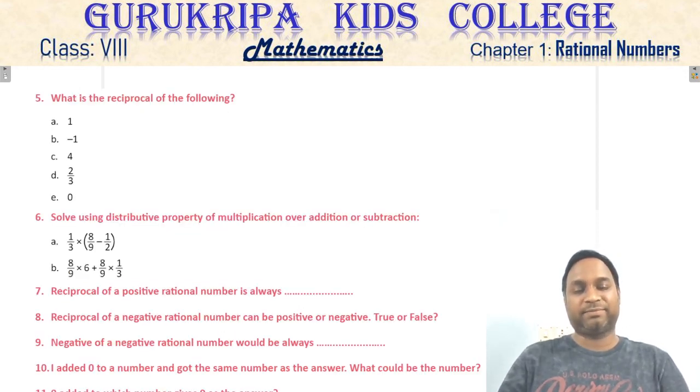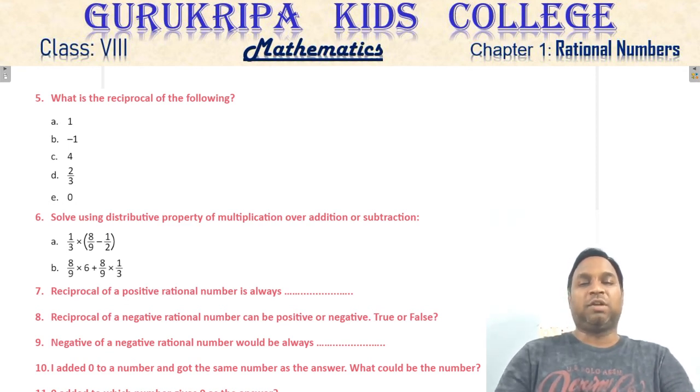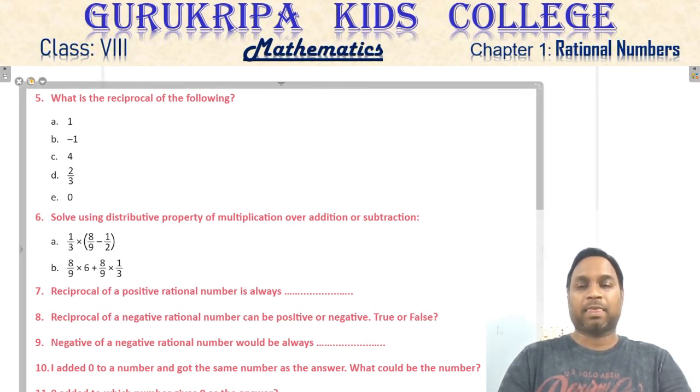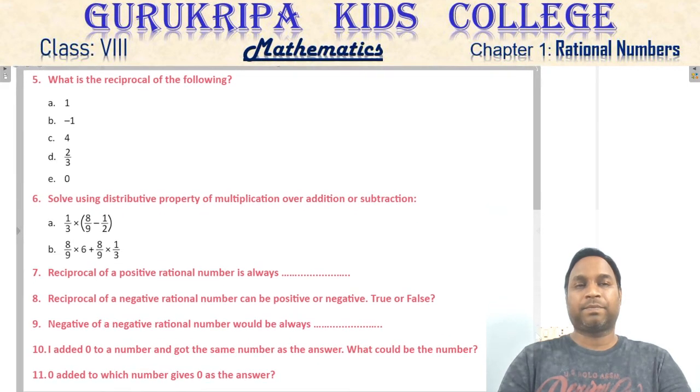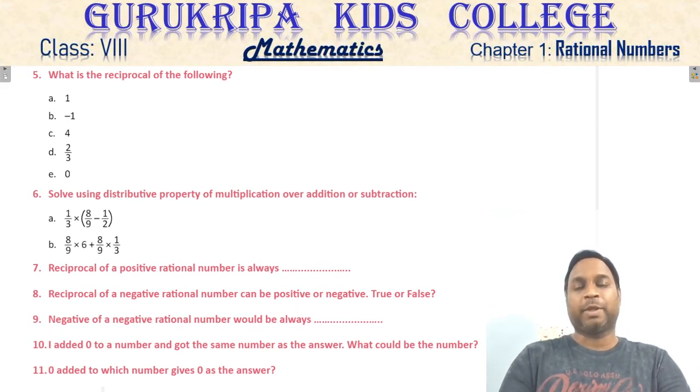Okay. So before starting the next video, you should have solved all these questions. Question number 11 is not visible. Yes, everything is visible now. Okay. Thank you. See you in the next video.